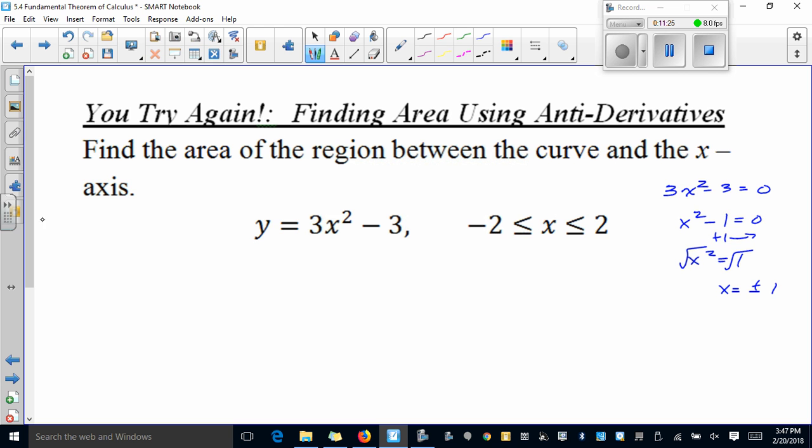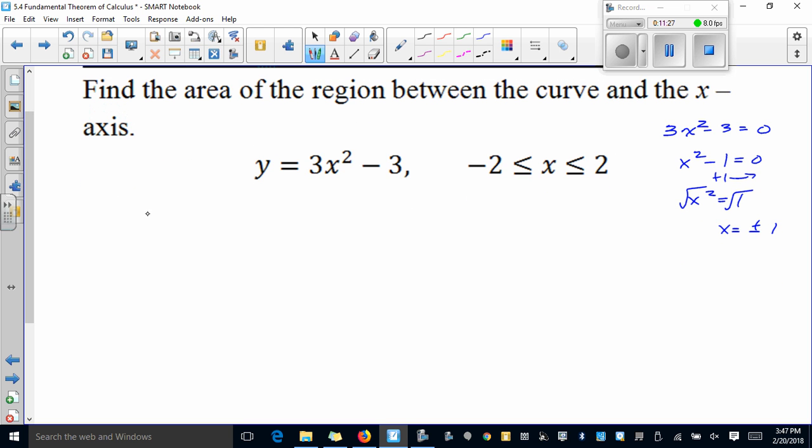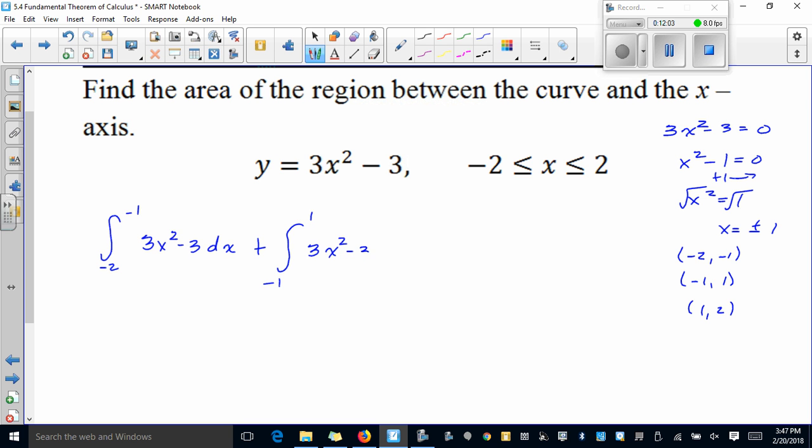So the first one is negative 2 to negative 1 of 3x squared minus 3 dx, plus the next interval, which is negative 1 to 1 of 3x squared minus 3 dx, plus the interval of 1 to 2 of 3x squared minus 3 dx. Now what's nice is we know that we're going to have the same antiderivative throughout.